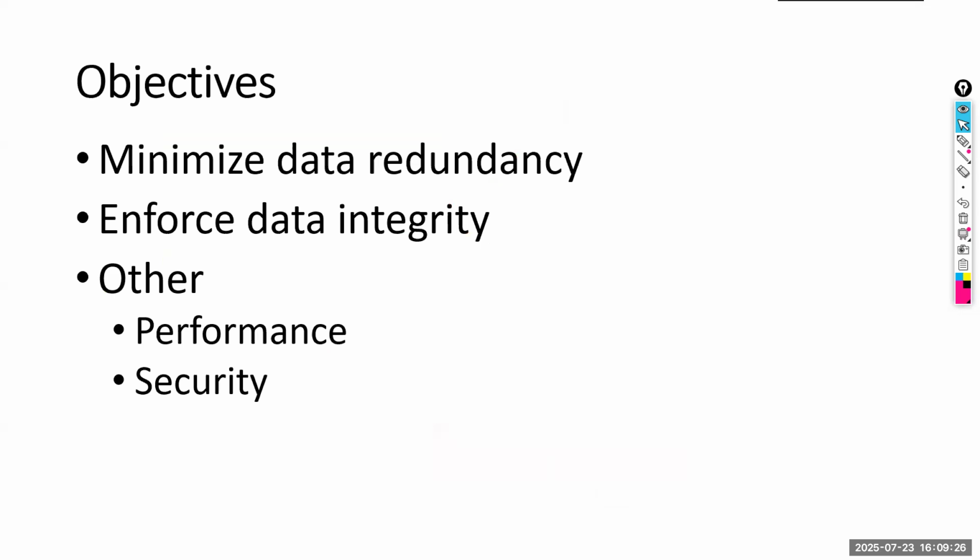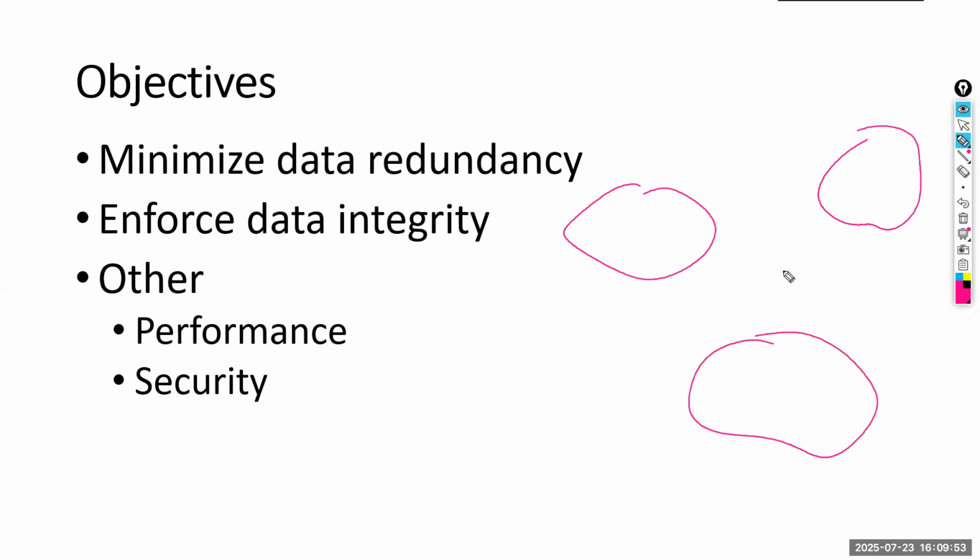So when we design, there are a few things in our mind. Right? We want to reduce the duplication of data. We want to keep one data in one place as much as possible. That is called reducing the redundancy. And we want to enforce data integrity. Integrity means our data must be interrelated, rather than data being something like islands, not connected.